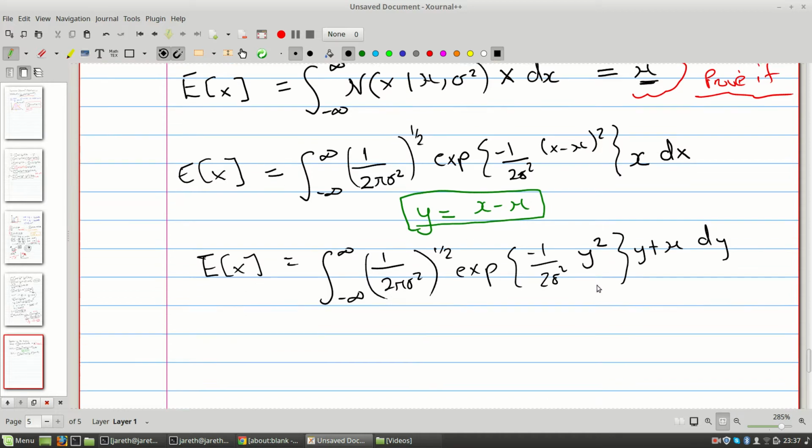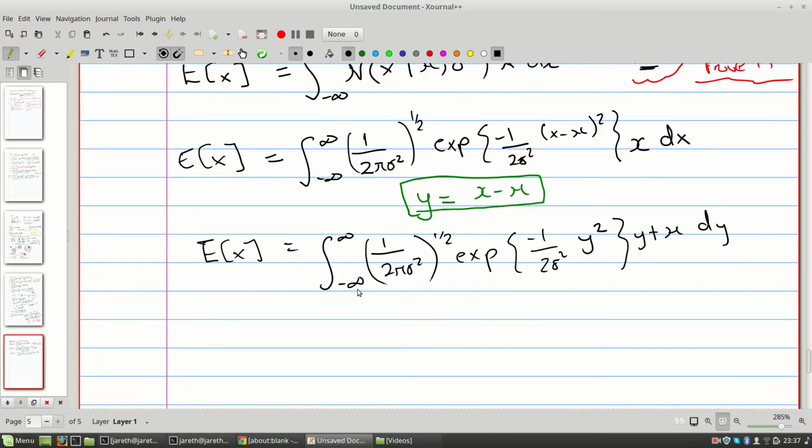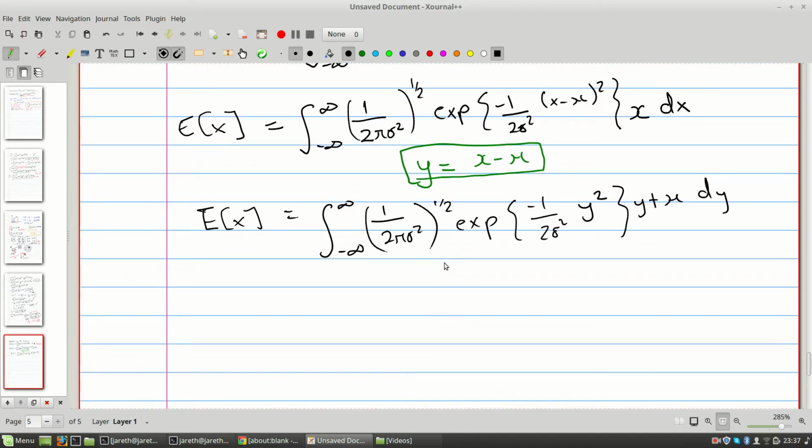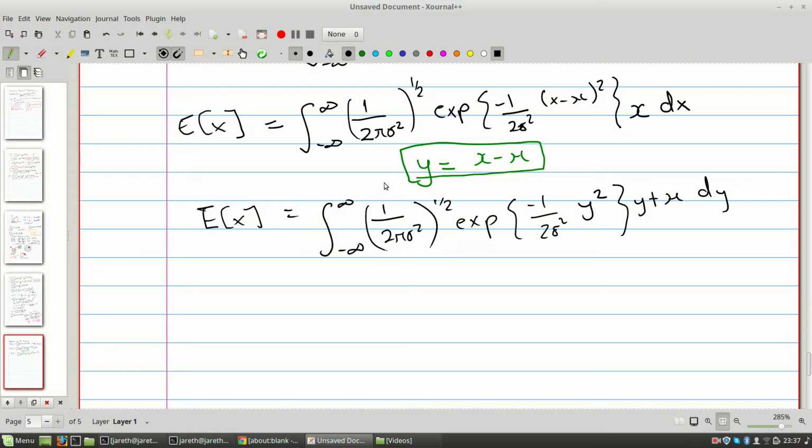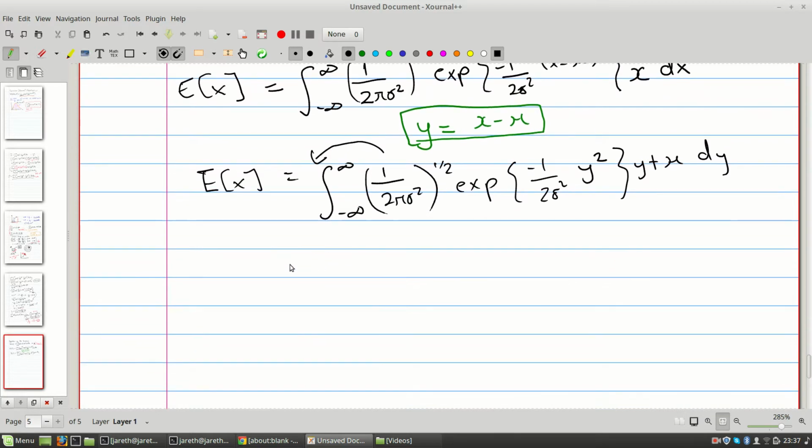Okay, so let's ignore this term for now. I'm just going to put this term outside and ignore it, since it does not actually depend on y. So what we end up with is this integral, and I'm going to expand out these terms.